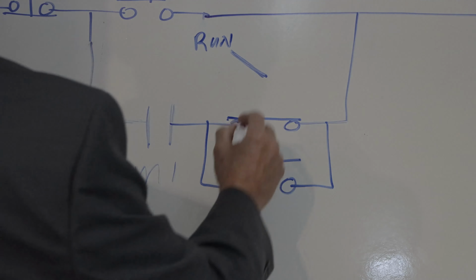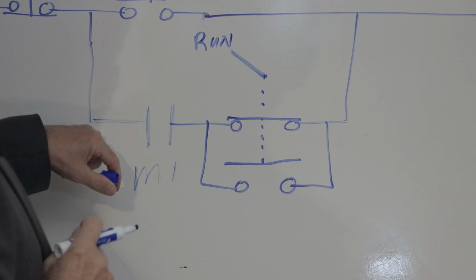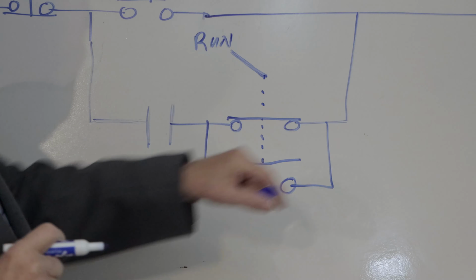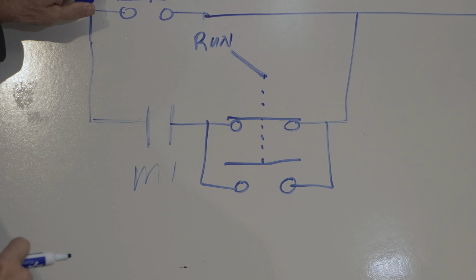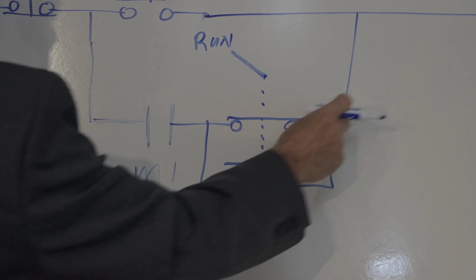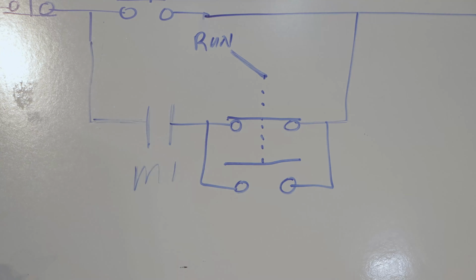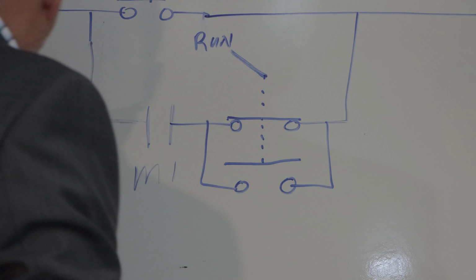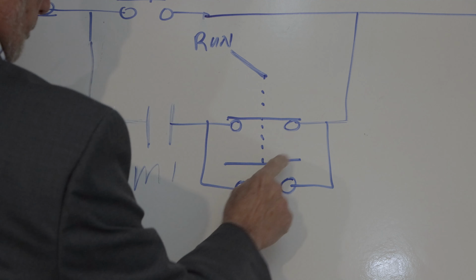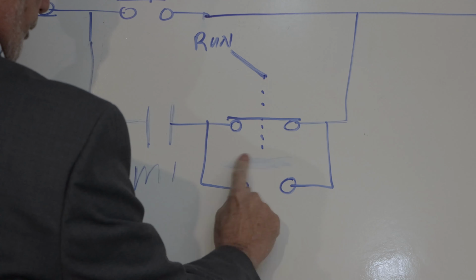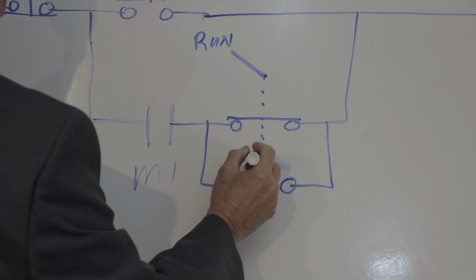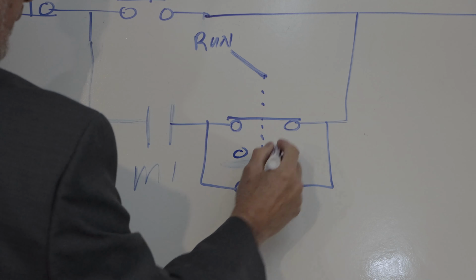Now in the run position, I continue this rung, I hit the start button, and the motor's going to energize and latch in, same as it normally would. When I go to the jog position, I'm disabling this. I could actually say that I'm going to move this so it doesn't make contact.